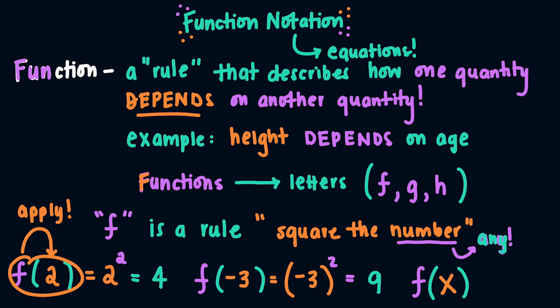So for example, this f with the parentheses of 2 is f of 2. You're applying the rule to that number 2. So f of 2, give the rule of number 2. This would be f of negative 3. So this would be f of x. Now, in our case, what does f of x equal?